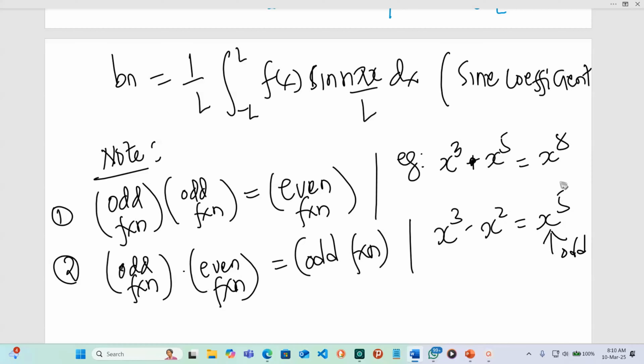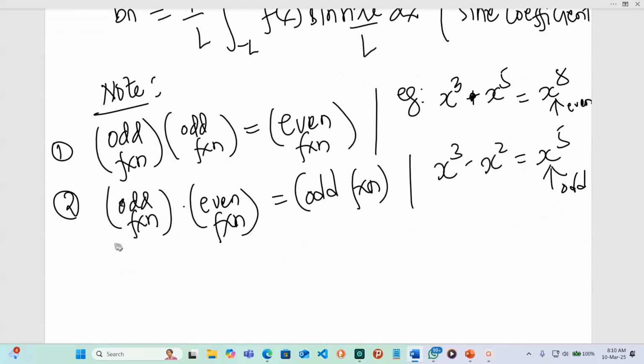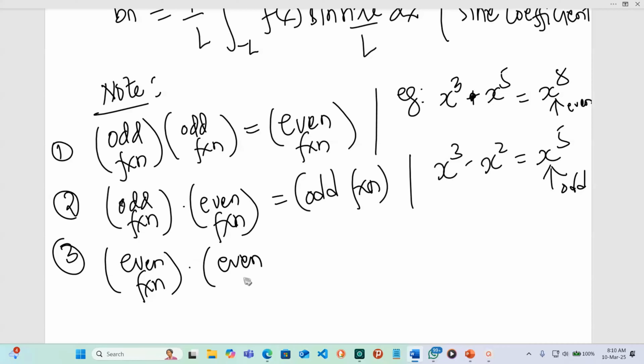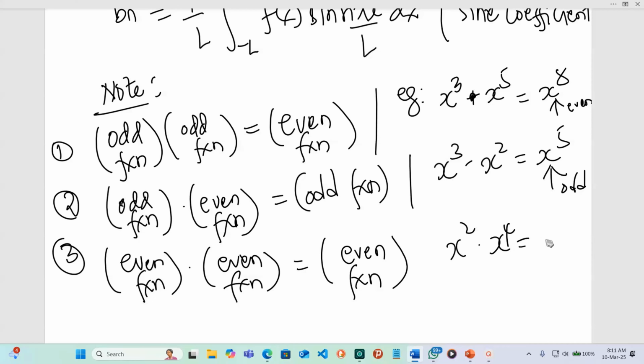This is odd, and this is even. Let's also look at another case where you have an even function multiplied by an even function. This also gives you an even function. Take an example: x squared times x to power 4 gives you x to power 6, and this is an even function.